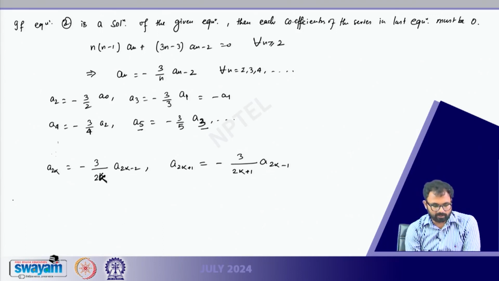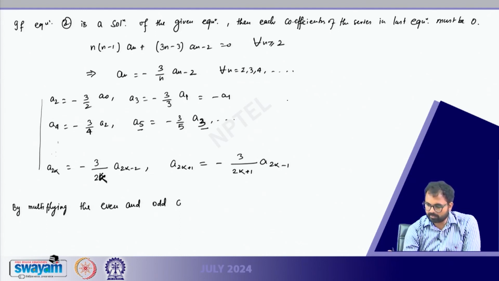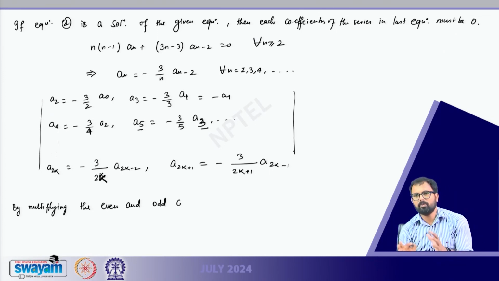So ultimately, by multiplying the even and odd columns, basically I am calling this the even column and this the odd column. There is no even and odd column here, but since we have even terms and odd terms, this is the even column, that is the odd column. I hope that is clear.